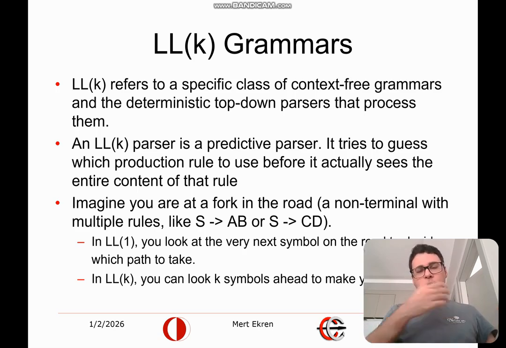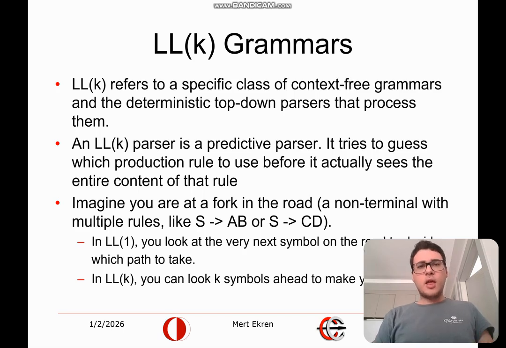So if your K is 1, you only look at the next symbol in order to predict the path you are supposed to take. If K is 2, you look at the next two symbols, and if K is 3, you look at the next 3 symbols, etc. The parser with K equals 1 is the most common because it keeps the parsing tables small and efficient.